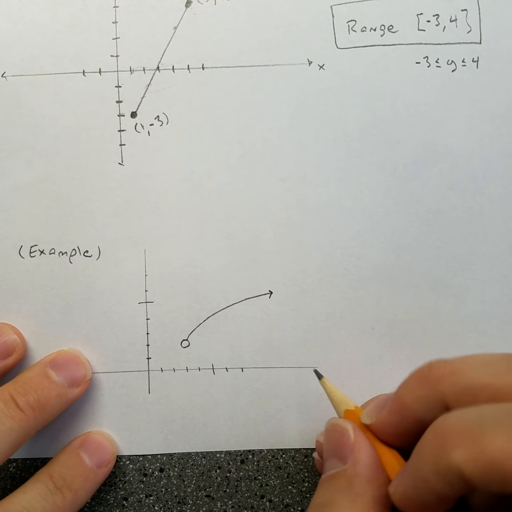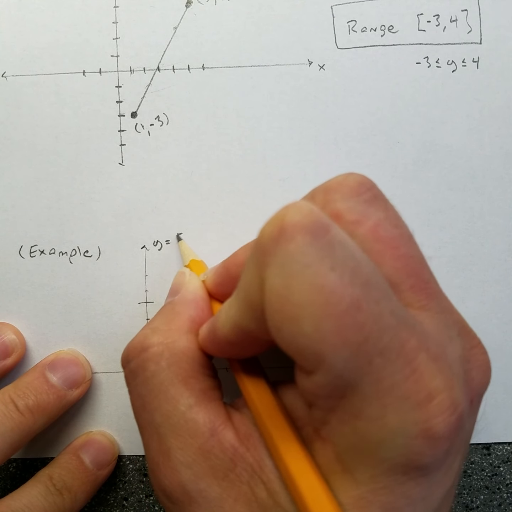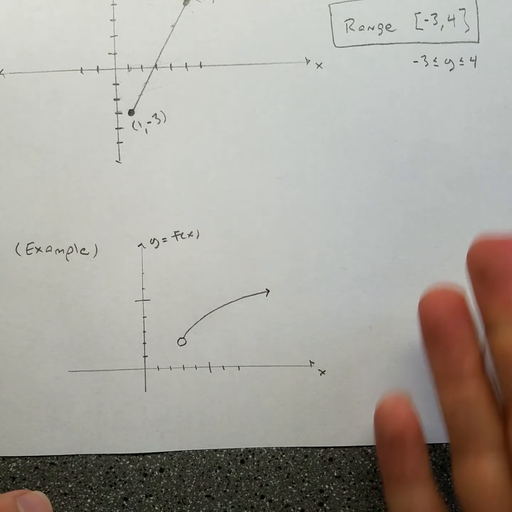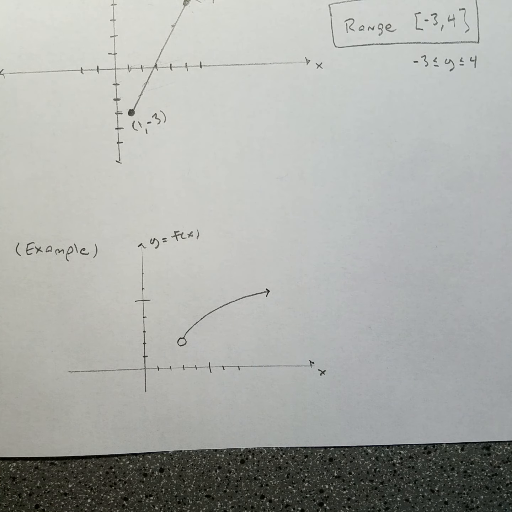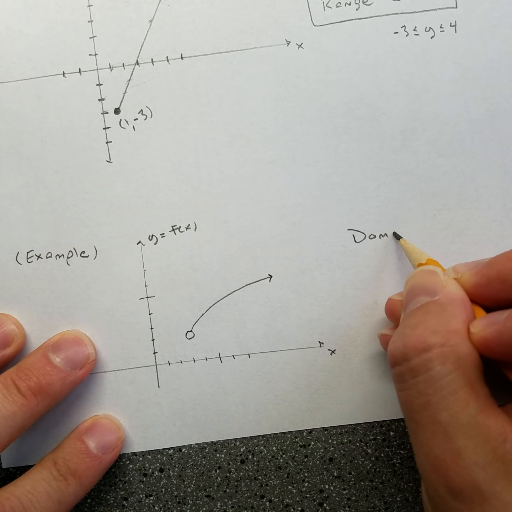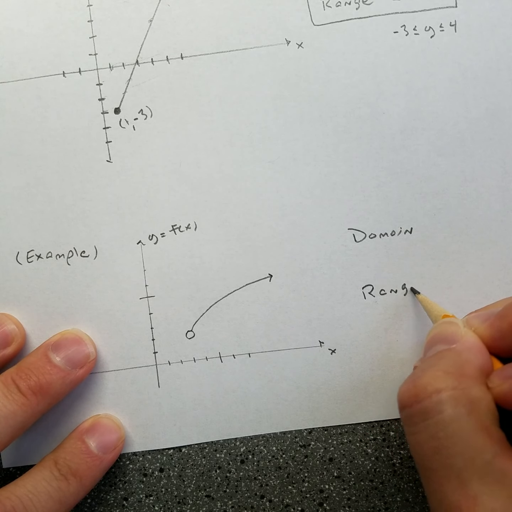So let's say that I give you a different looking graph, and I say, well, this is a function, and it's got points on it, so on and so forth. We'll look at just like that one, and we'll give the domain, and we'll give the range.